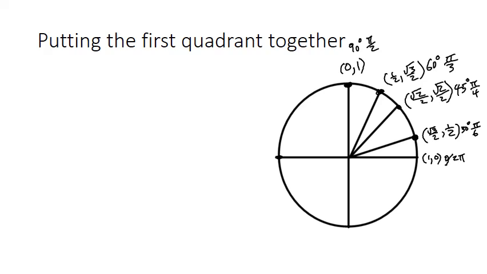This point here was -1, 0 or pi radians, or 180 degrees. This point here is 0, -1, which is 3 pi over 2 in terms of radians, or 270 degrees.